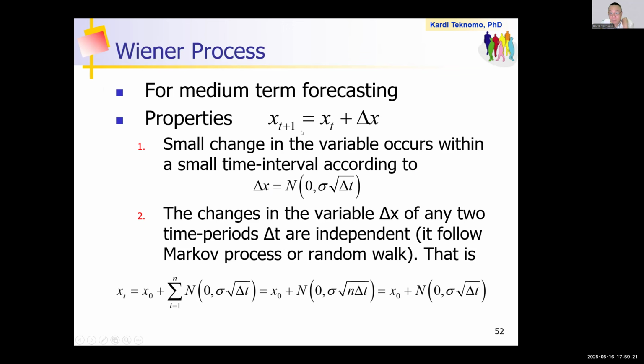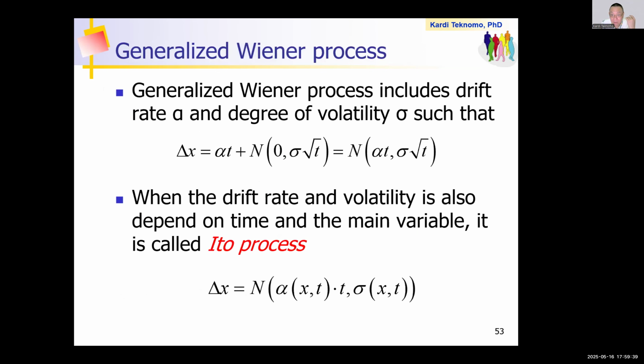That's why we have medium term here. For the small steps, the assumption is we use normal distribution again, like the random walk a while ago. But now we have some kind of volatility, so there is a drift rate here.